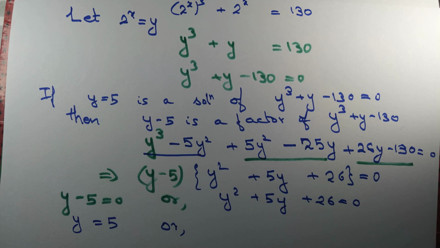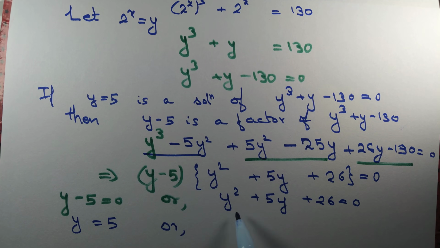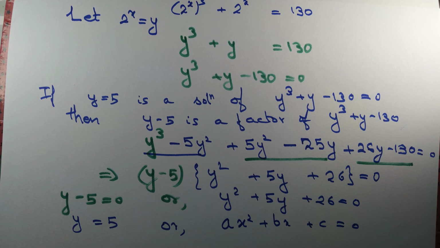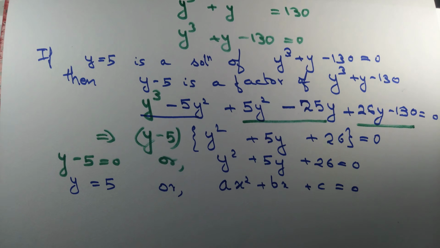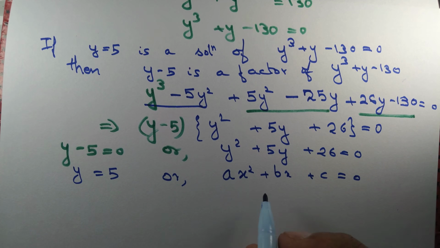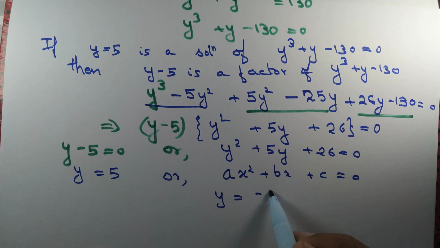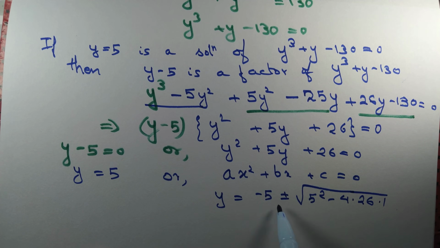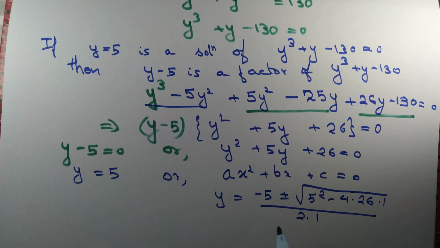If y square plus 5y plus 26 equal to 0, then this is a quadratic equation ax square plus bx plus c equal to 0. Roots are given by x equal to minus b plus minus root over b square minus 4ac by 2a. So y equal to minus 5 plus minus root over 5 square minus 4 into 26 into 1 by 2 into 1.